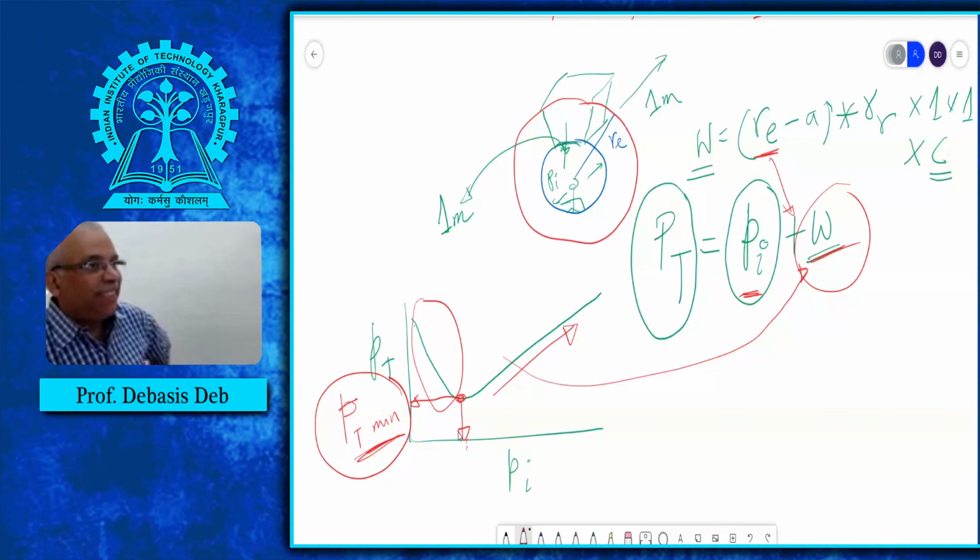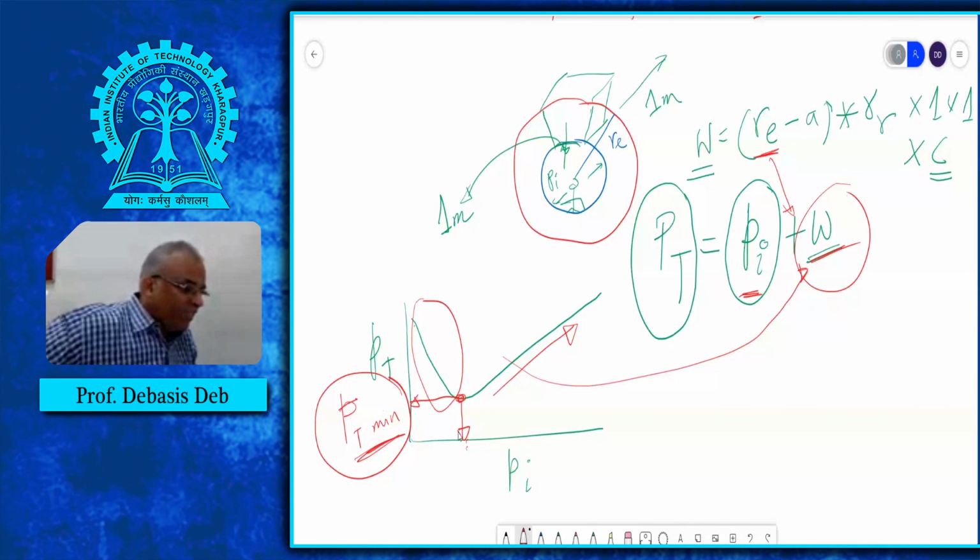So this is what we normally give to the mining people, that this much support is required if you are creating an opening of circular shape. Similar thing can be done for other shapes also, for other K values also, but not by equation.